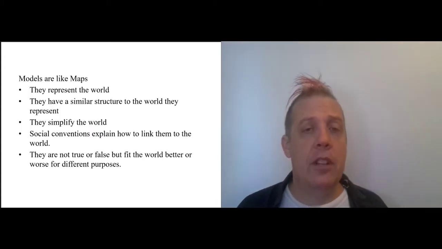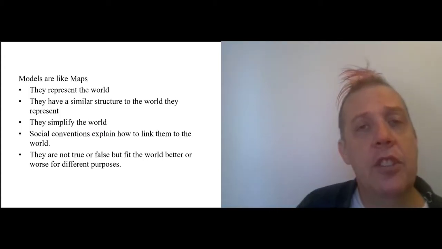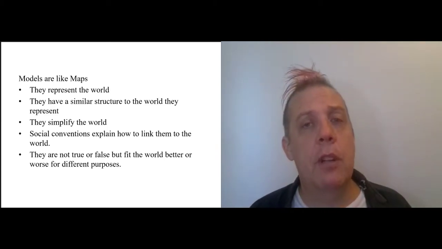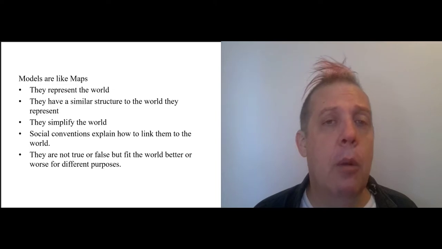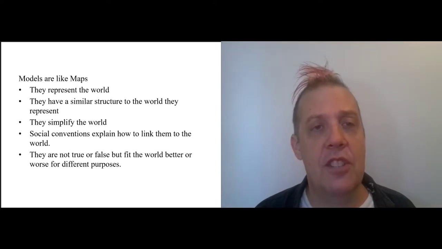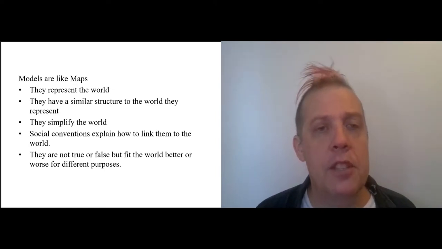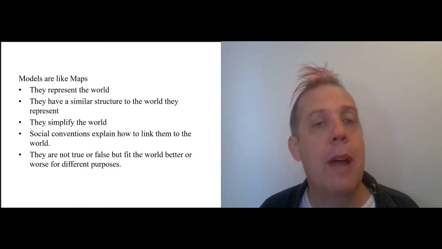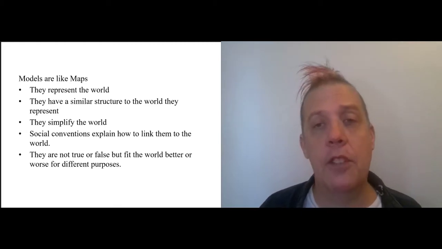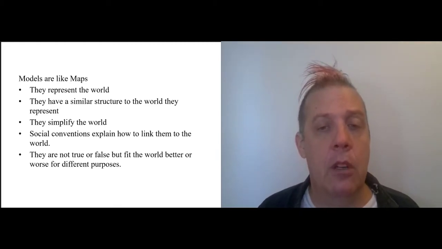And models are basically like maps. They're representations of the world, but they simplify. And so your hypotheses that connect the map to the world is essentially just saying, look, if we use this map, we will be able to get around this territory fairly well, even though the map simplifies by, for instance, ignoring elevation.